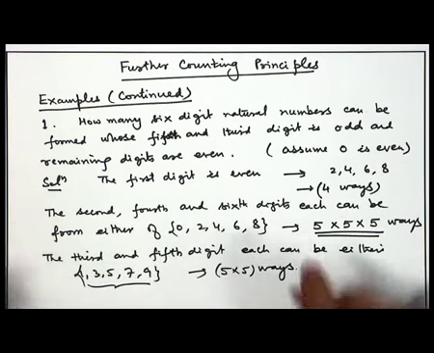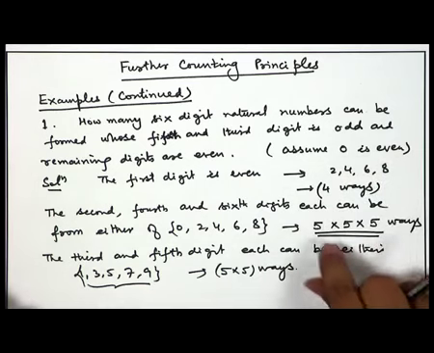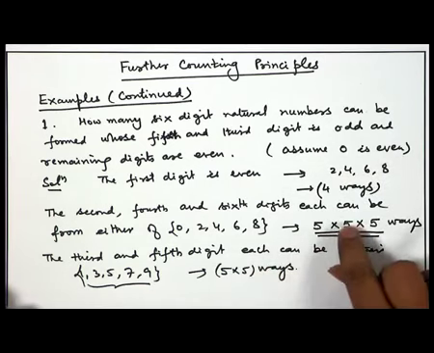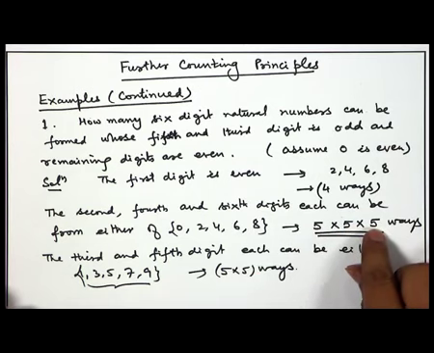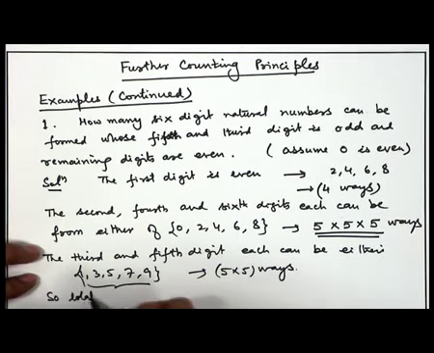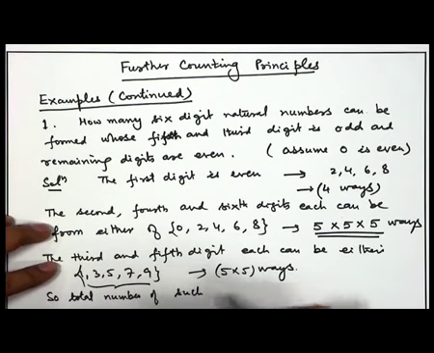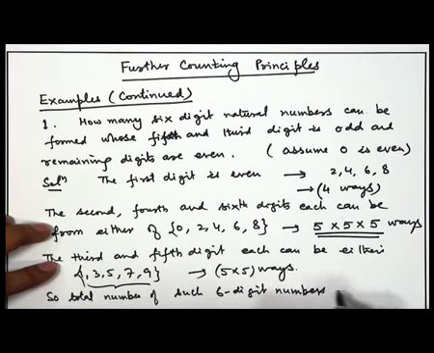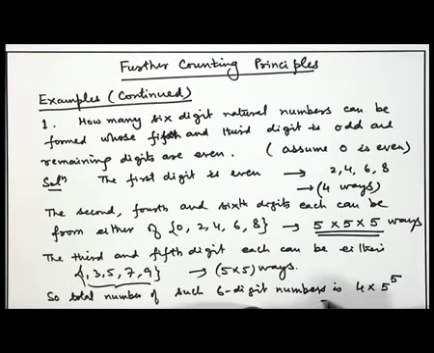Now we have fixed that the first digit can be chosen in 4 ways, and the second, third, fourth, fifth and sixth digits each can be chosen in 5 ways. So, the total number of such six-digit numbers is 4 into 5 to the power 5. Of course, you can multiply it out and see that the answer is 12,500 such numbers.